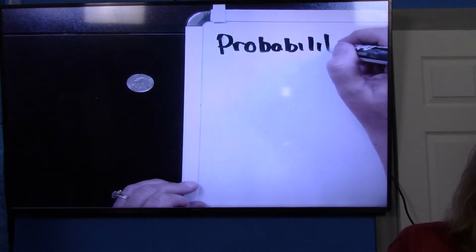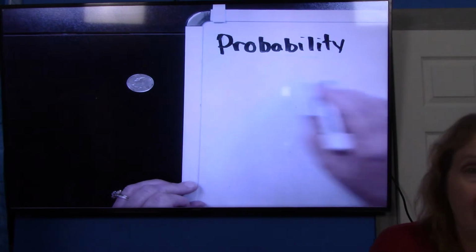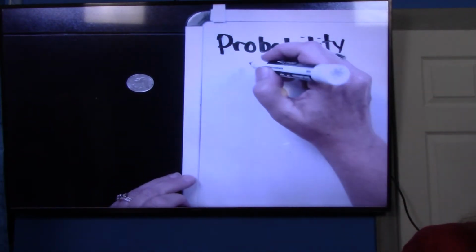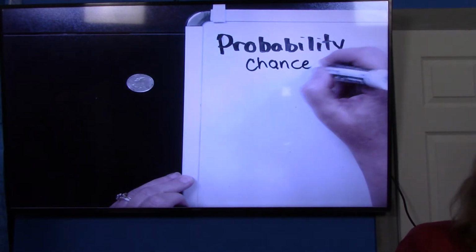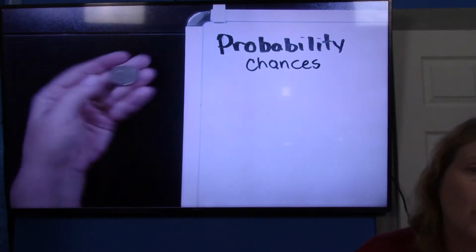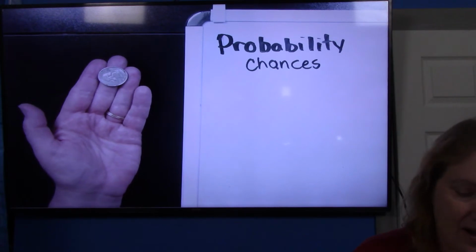Pretty long word. Probability. So we have ability here. So what are the chances that something will happen? So first of all, let's take this simple coin. This simple coin has how many different sides?